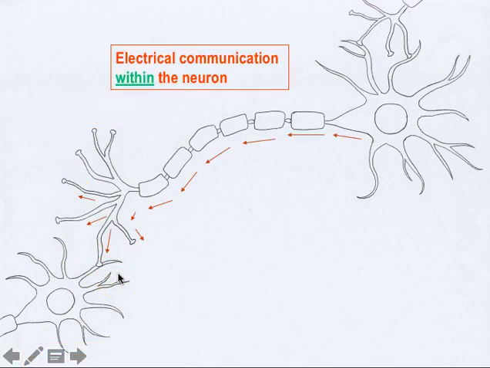In a neuron, communication is electrical within the neuron. What happens is that the cell body makes a decision if it's going to send the message or not. Imagine you're sitting in a classroom and half the students are shouting at you, "Send the message, pass it on, come on, do it!"